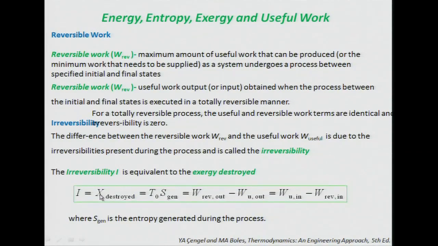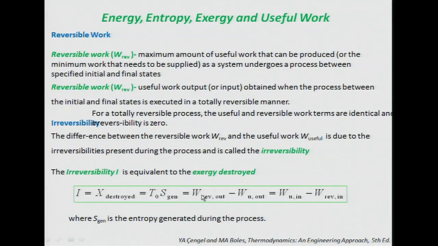It turns out that what you destroy is equal to the temperature of the environment, the external environment here, times the generated entropy. It's equal to the reversible work out minus the available useful work out, which is less than that for a real process.